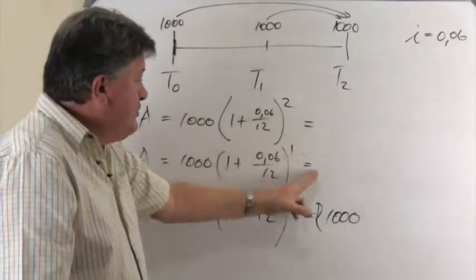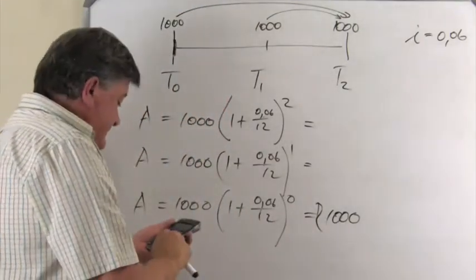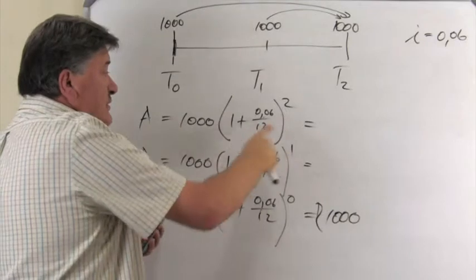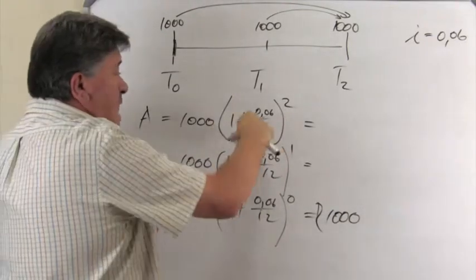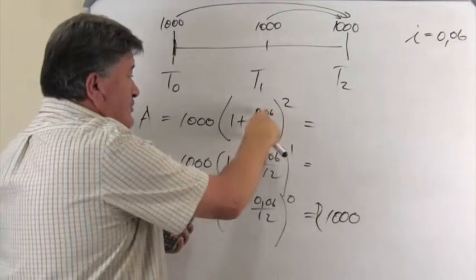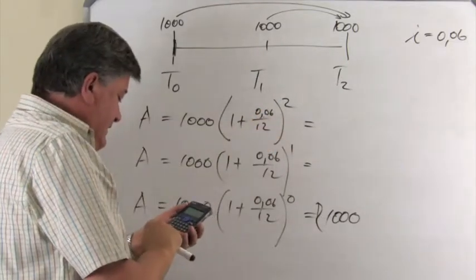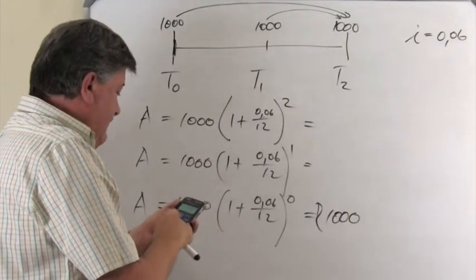Now we quickly want to calculate these 2 amounts. Let's use our calculators. I say 1,000, and now I'm going to use my bracket buttons, and I say 1 plus, and I open up the fraction to put 0.06 on top, and I go down and I put the 12 in.